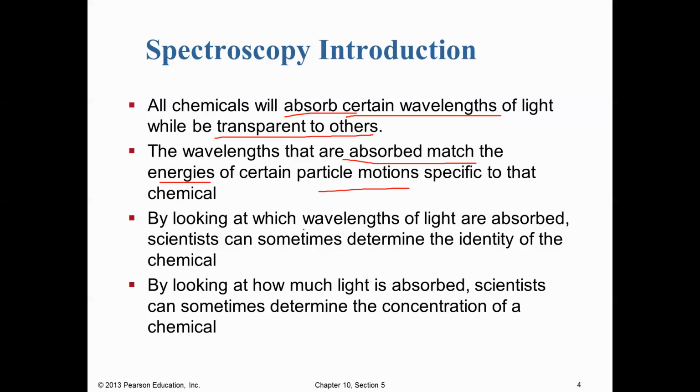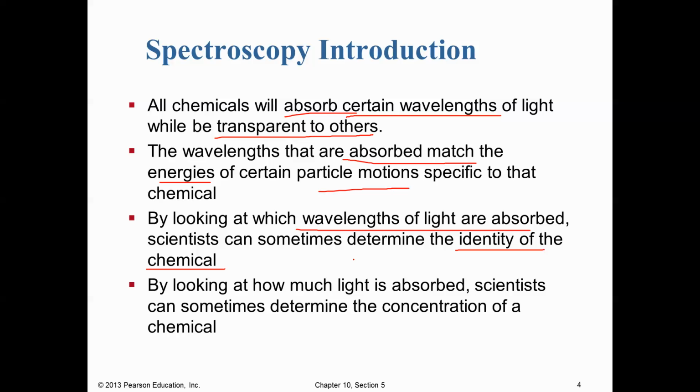So we can use those wavelengths of light that are absorbed to identify the chemical oftentimes. This doesn't always work. Sometimes it's kind of messy, but if we're lucky, just by shining a light at something under the right conditions and having the right knowledge, we can determine what that chemical is. This is incredibly useful not only in chemistry, but biology, physics and engineering, and it's really huge in forensics too, because you can try and figure out if something is gunpowder residue based upon the light that it absorbs.